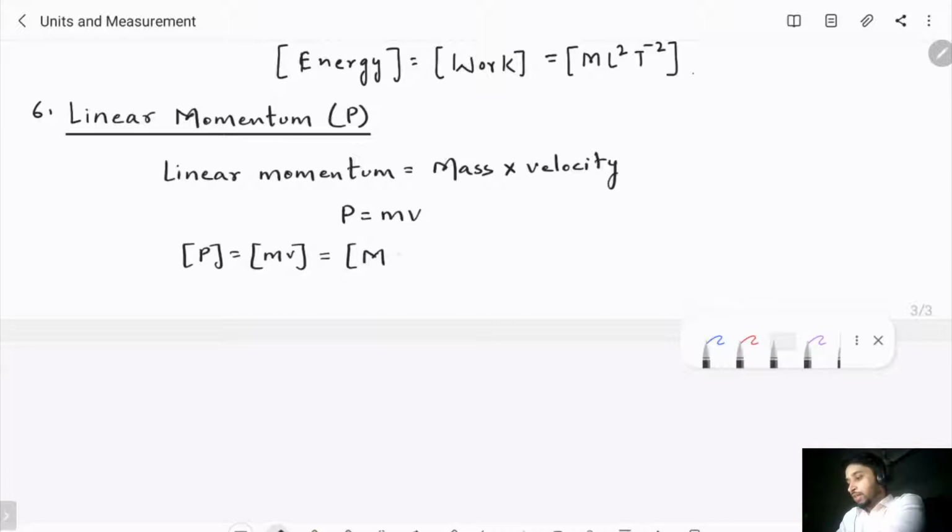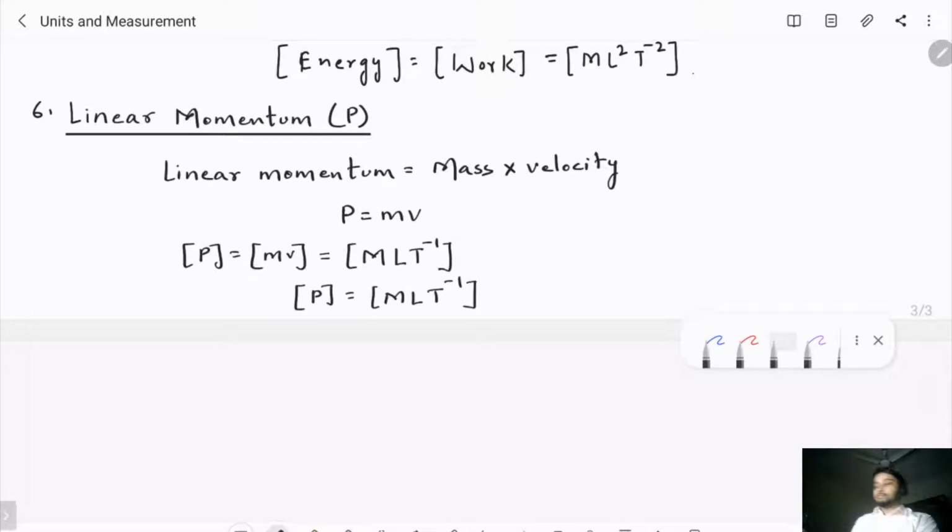And for V we have LT minus 1. So from here you can see that the dimensional formula for linear momentum, we get it as MLT minus 1.